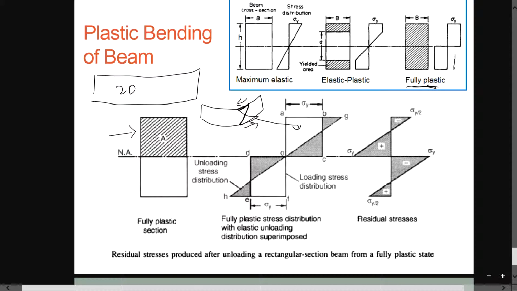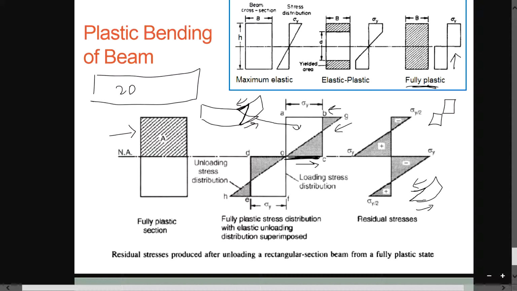The thing now is that this one over here is fully plastic. You should have this curve over here. It should be something like this. At least you get to see that the top one is being compressed and the bottom one over here is being stretched.